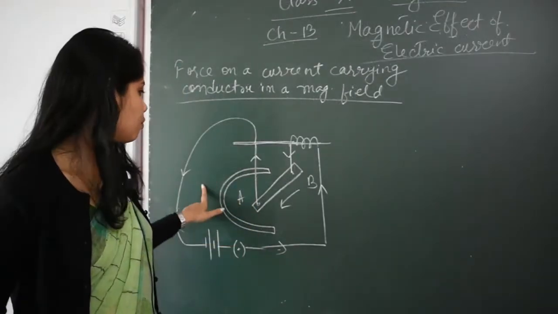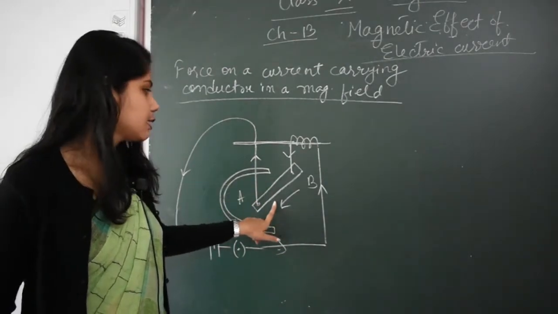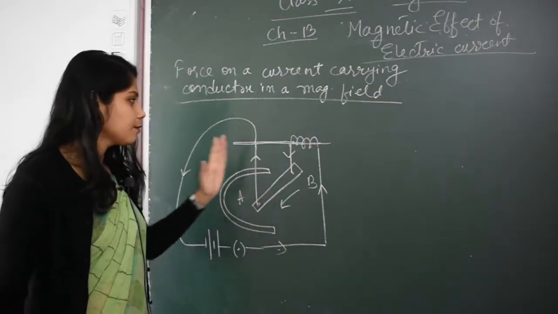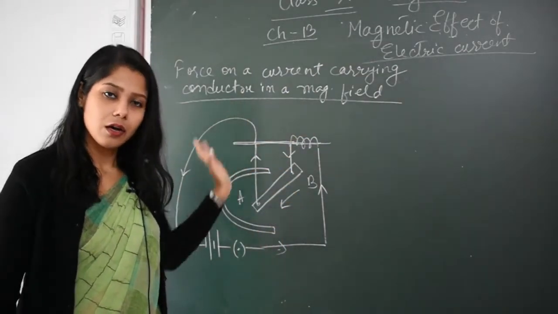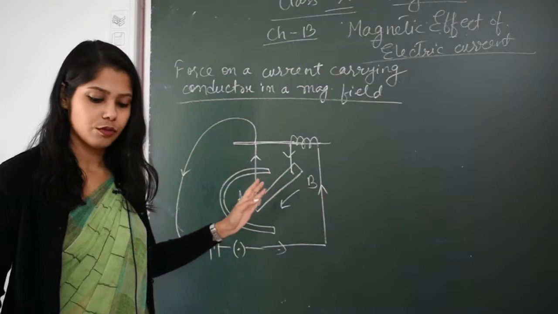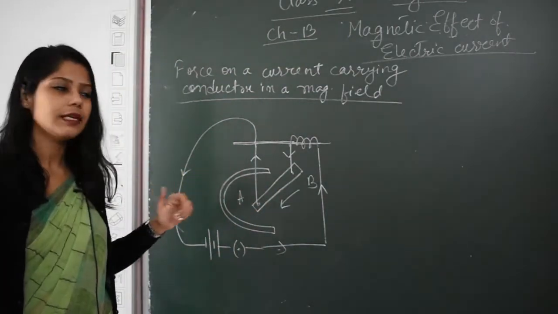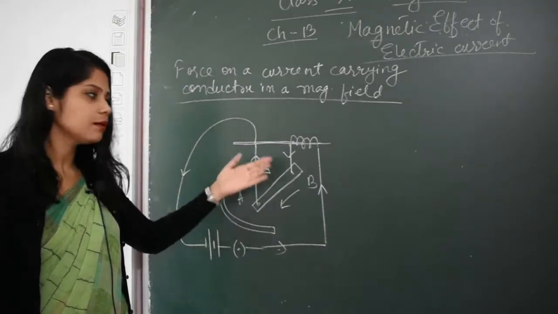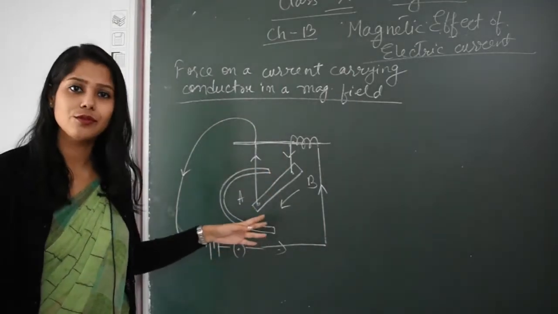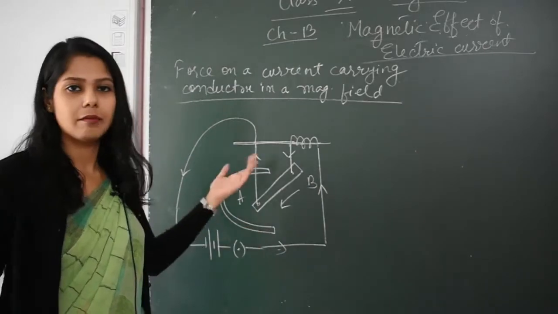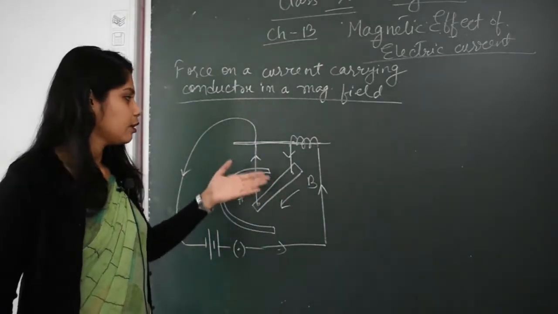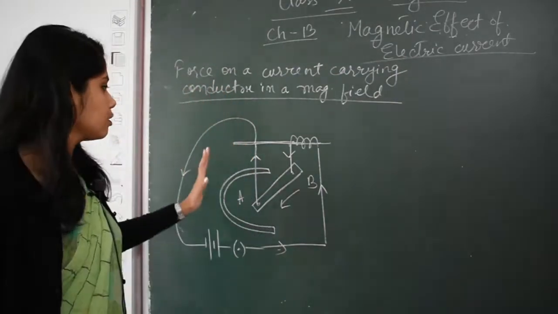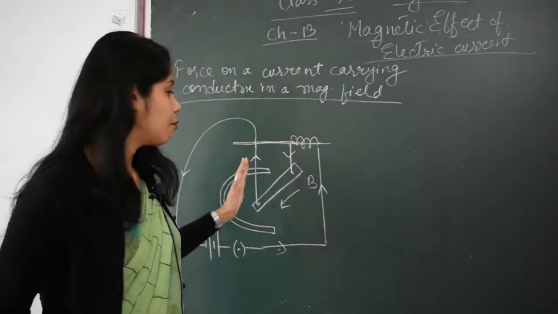The direction of force on the current carrying conductor depends on the direction of current, whether it is from B to A or from A to B, and also the direction of the magnetic field.